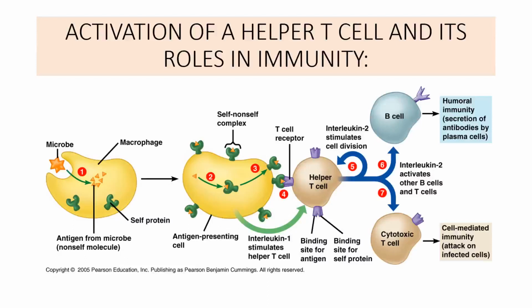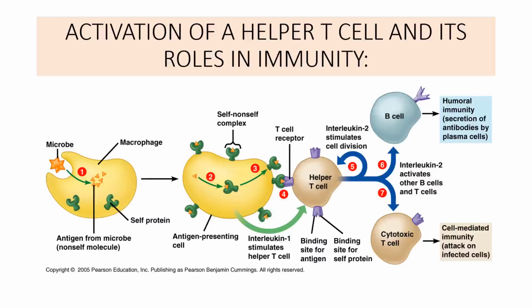The cells which have the MHC molecule can only bind with the T cell, right? So MHC molecules have the fragments of the pathogen, not the whole pathogen, only the fragment of the pathogen that will bind with the T cell. So the helper T cell can bind with the MHC.